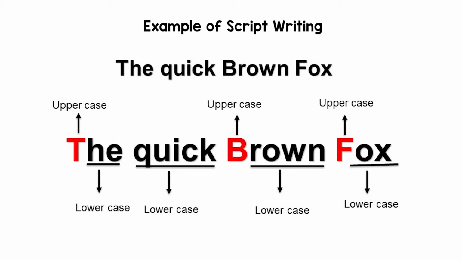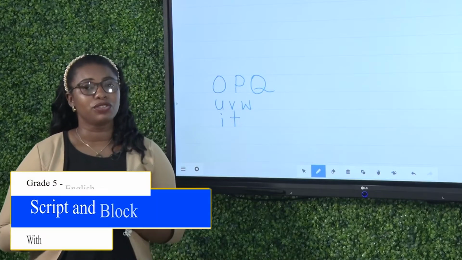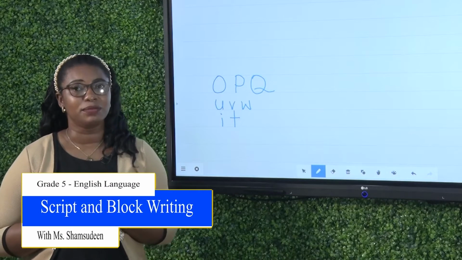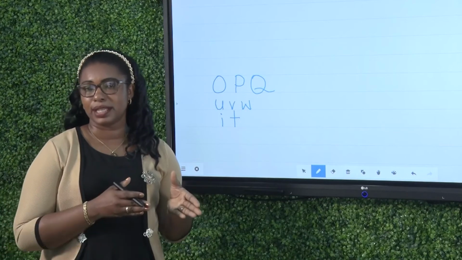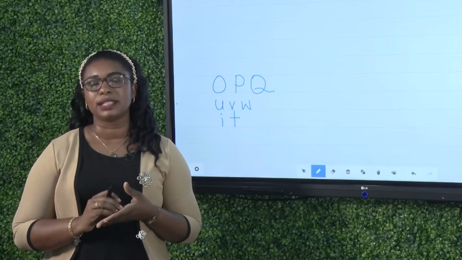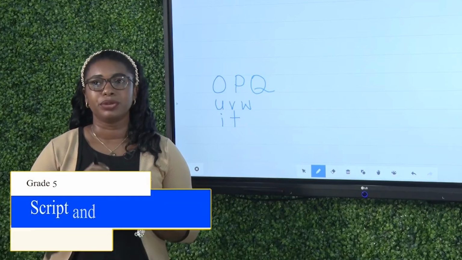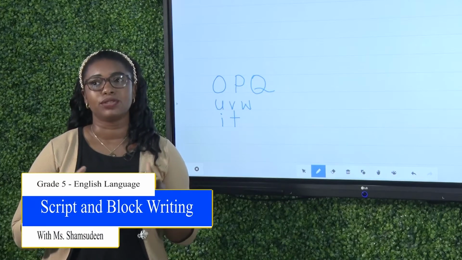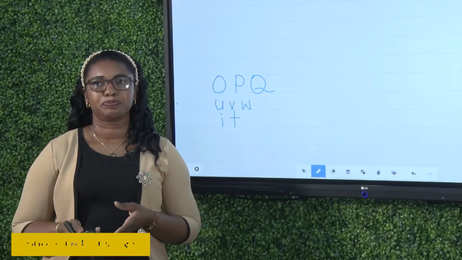So we have the T in uppercase, and then we have the H in lowercase as well as the E. We have the word quick all in lowercase. So you must remember that there are times when you have to use uppercase letters and there are times when you have to use the lowercase letters. You have to remember those rules when you're doing script writing.